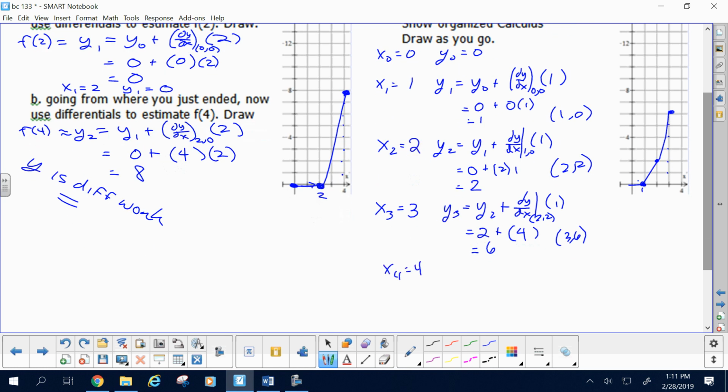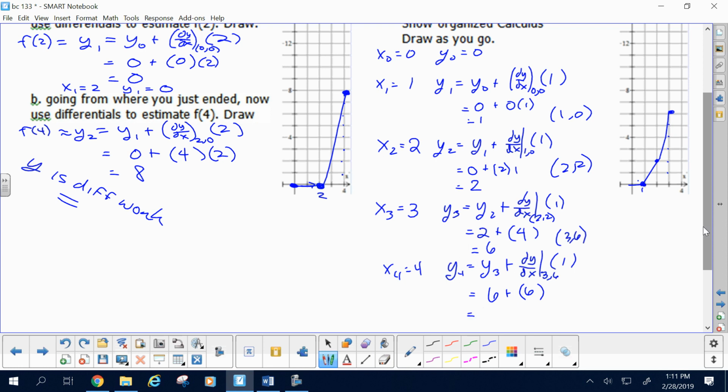x4 is 4. y4 is y3 plus dy dx at the point 3, 6 times the delta x of 1. The y we left off at, y3, is 6. Our new rate of change is the derivative 2x at the previous point, 3, 6, which is 6.